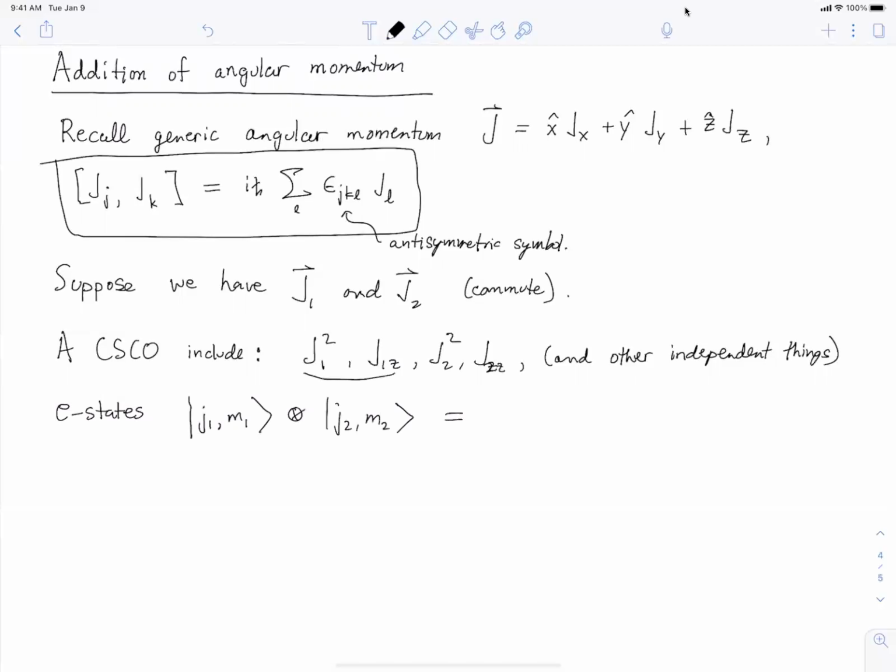Or we can just dispense with the fancy tensor product notation and write this as J1 M1 J2 M2. And that's a perfectly good orthobasis for these two angular momenta. And in fact, it's called the product orthobasis.